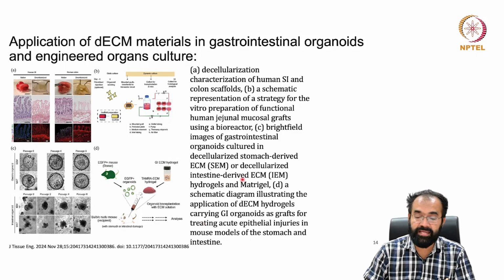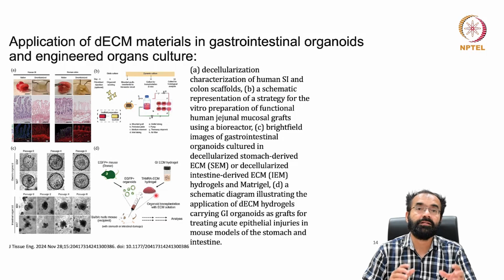And panel D is a schematic diagram illustrating the application of dECM hydrogels carrying GI organoids as grafts for treating acute epithelial injuries in mouse models of the stomach and intestine.